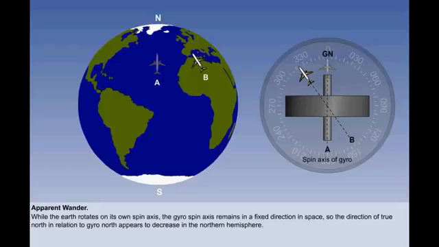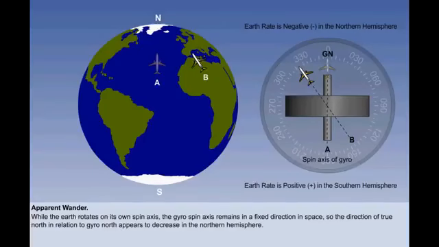Note that in the northern hemisphere there will always be a decrease, and for this reason the Earth rate is designated negative, or for mathematical purposes it is given a minus sign. In the southern hemisphere the opposite applies, and the Earth rate is designated positive and is given a plus sign.